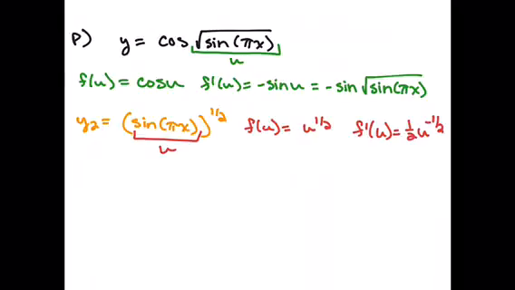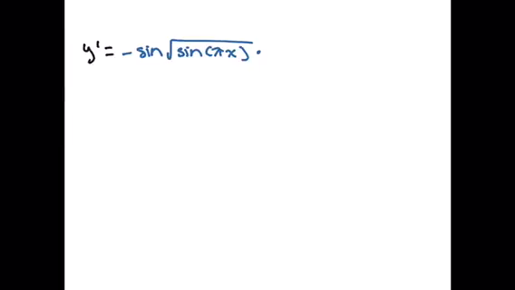And in terms of our original function, that makes it 1/2 sine of pi x, all raised to the negative 1/2 power. So I'm going to put that into our final answer. So the next part is the 1/2 times sine of pi x, all raised to the negative 1/2 power.